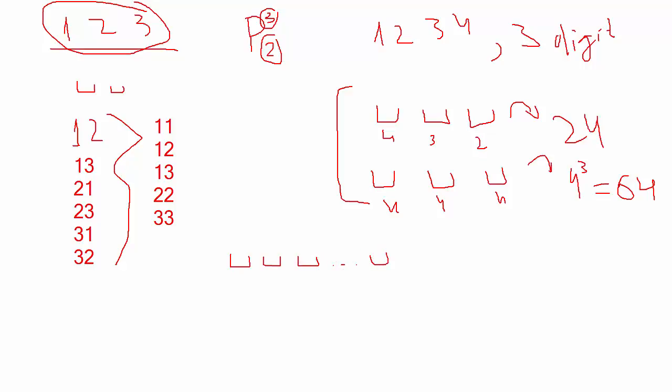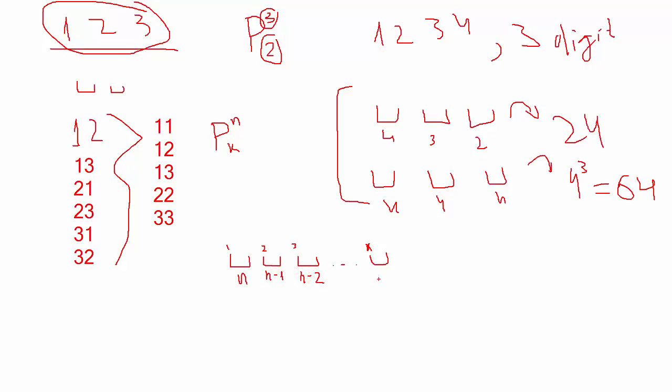This is the final one, and here we have box number 1, number 2, number 3. Let's say that we have n elements and k boxes. This one would be k, the final one, right? So how many do I have for the first one? n. For the second one, n minus 1, n minus 2.